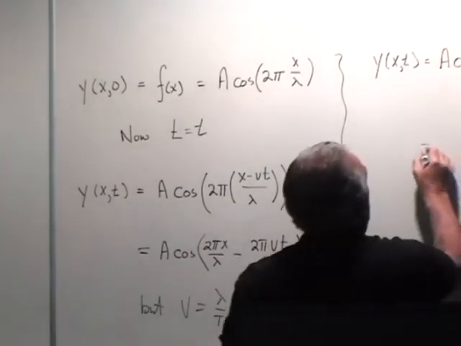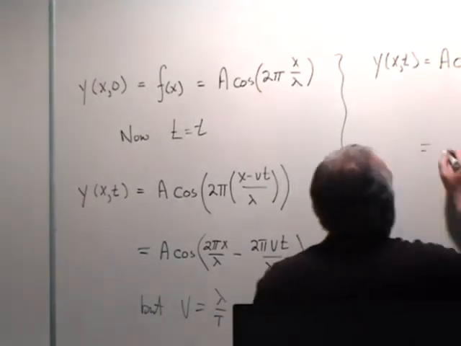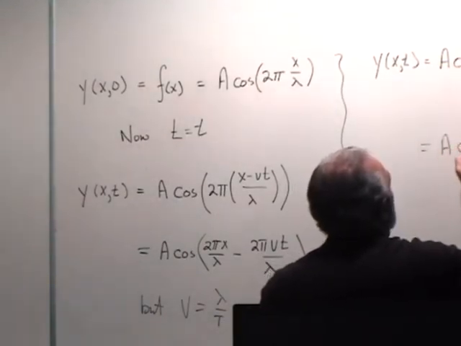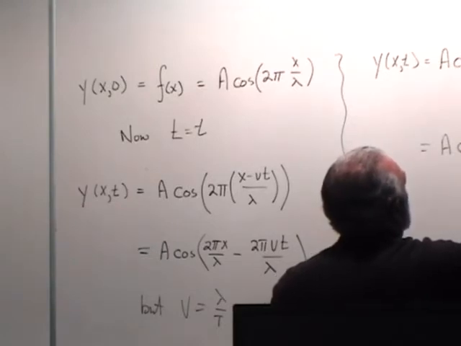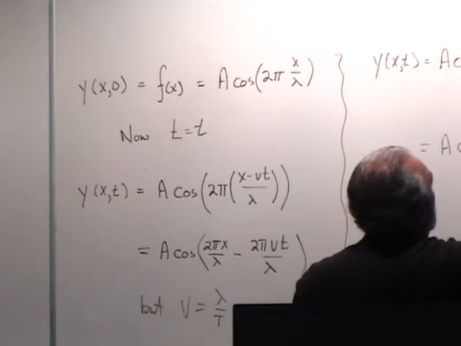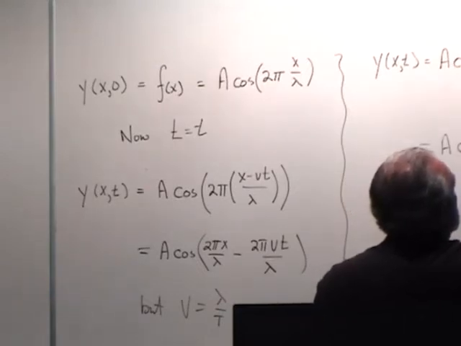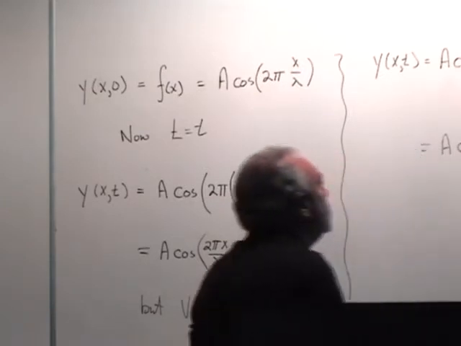And we get one more rewrite. Notice that the lambdas go away. Finally, a cosine of 2 pi over lambda x minus 2 pi over T times t.